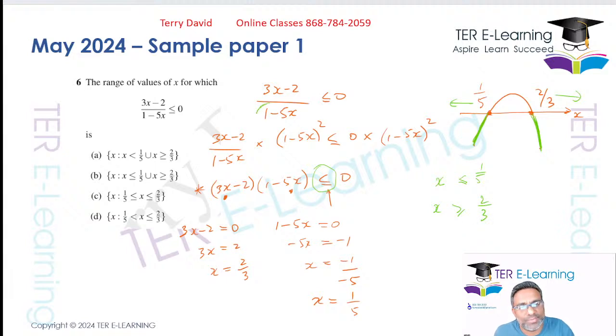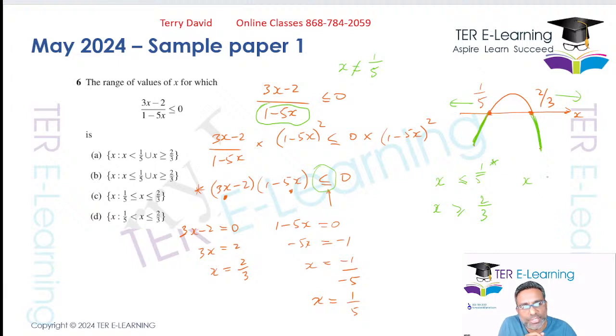Now, what we also have to pay attention to is this guy here. In this case, we have 1 minus 5x, and what is happening here is that we cannot have a solution that is equal to 1/5. You can't have x being equal to 1/5. So therefore, we have to make an adjustment to this here.